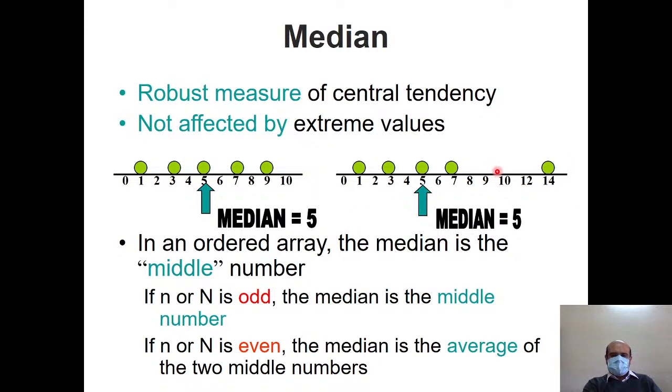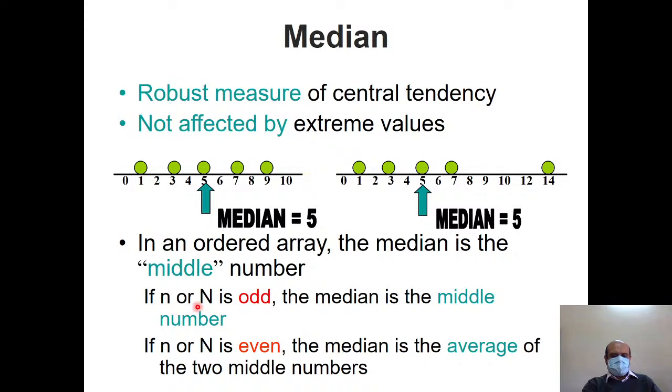And even if it is not normally distributed, and there are some outliers like 14 and 1, you will get the median as 5 only. In an ordered array, the median is the middle number.